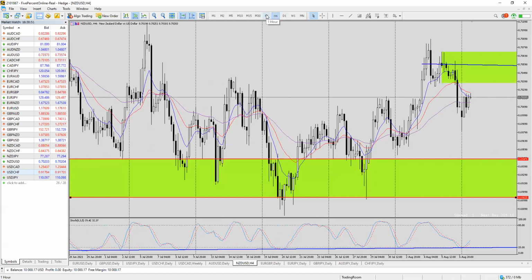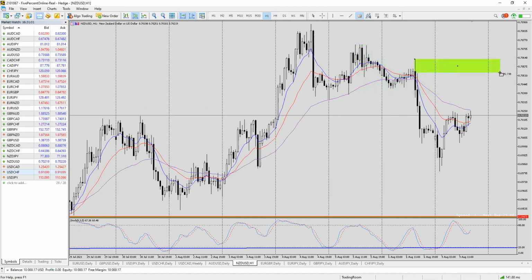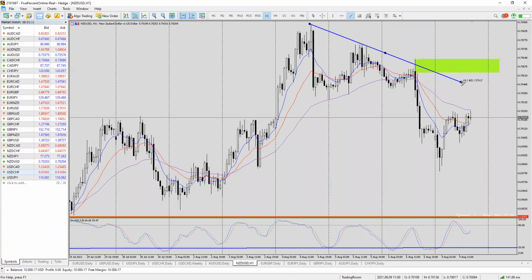Obviously, if you're going on shorter time frames, then pay attention to this supply zone here, very strong supply zone. So those of you who are looking to go long, first make sure that you don't enter right into a resistance line or resistance trend line or supply. If you're looking to go short, then be aware of the demand zone.